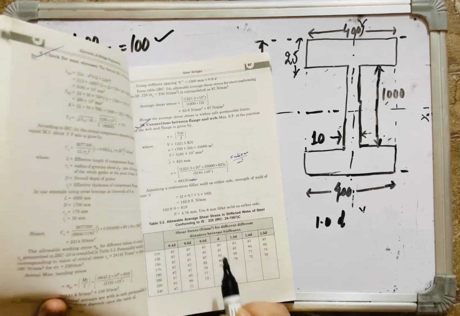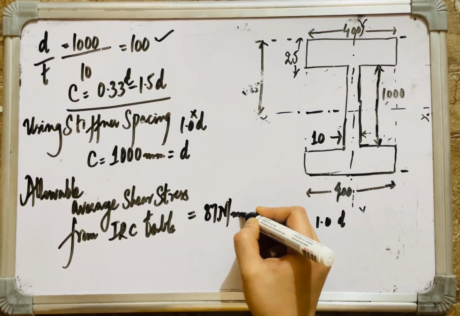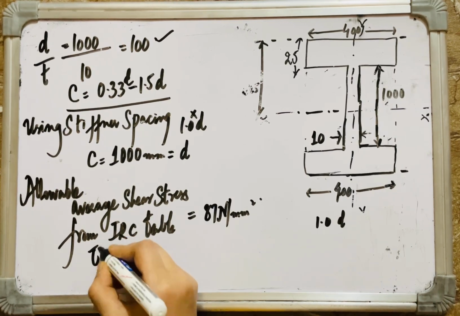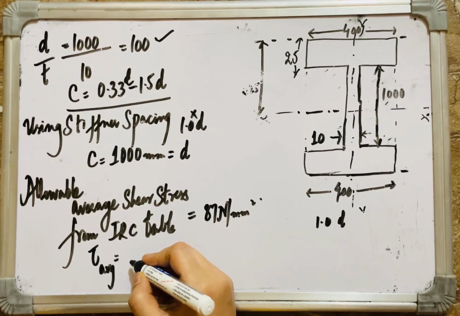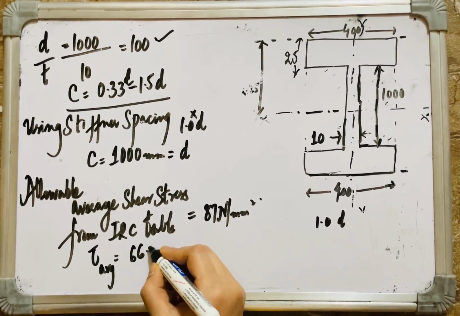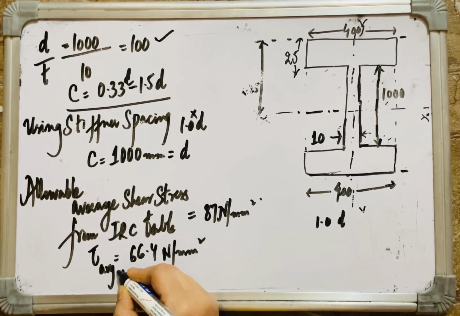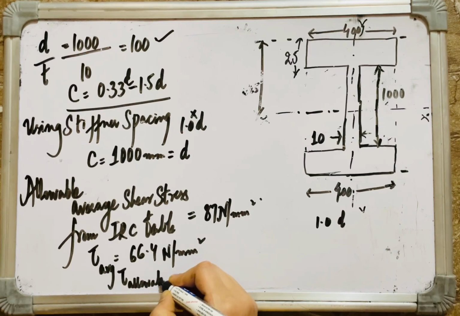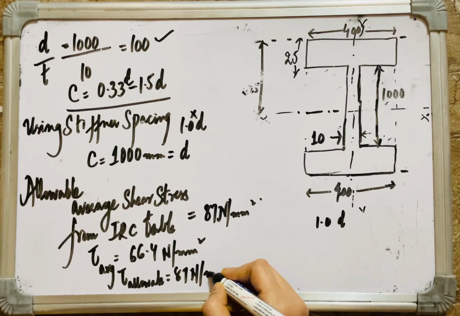So 87 Newton per mm square. How much was the average shear stress? Average shear was 66.4 Newton per mm square. How much is the tau allowable? It is 87 Newton per mm square.